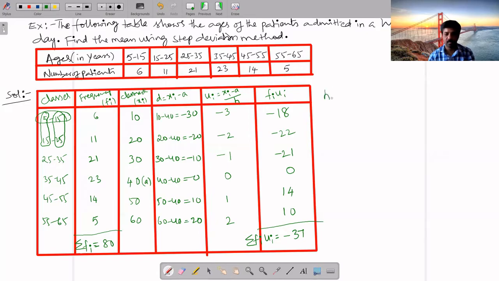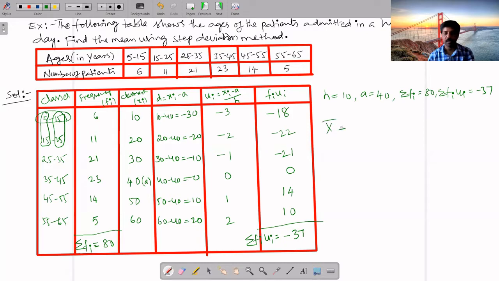First, h. h is the class interval or size of the class, that is 10. Now what is the value of a? 40. We chose a as 40. Sigma fi is 80. Sigma fi ui equals minus 37.